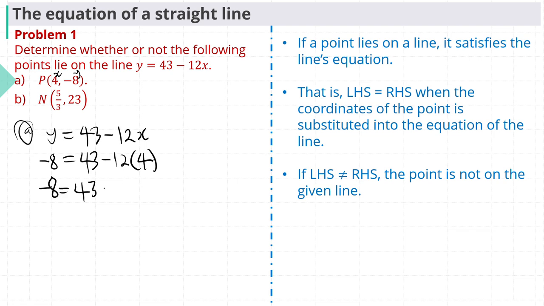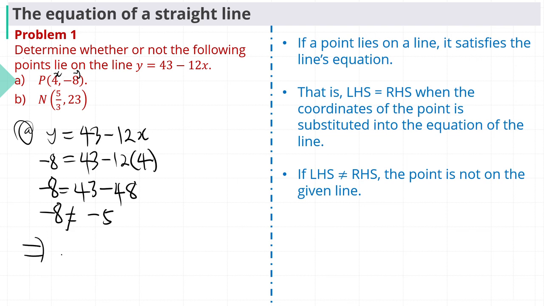Minus 12 multiplied by 4 gives minus 48. The right hand side gives us minus 5. We see that the left hand side is not equal to the right hand side.